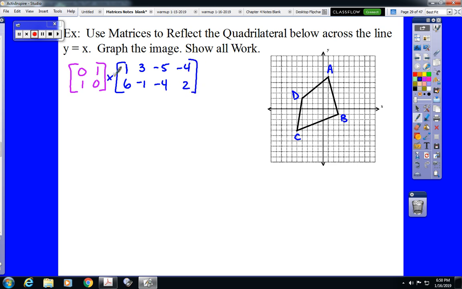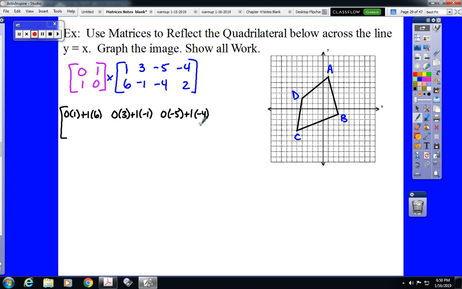And then we're going to carry out matrix multiplication. So again, that's row 1 times column 1, which would be 0 times 1 plus 1 times 6. Row 1 times column 2, 0 times 3 plus 1 times -1. Row 1 times column 3, 0 times -5 plus 1 times -4.